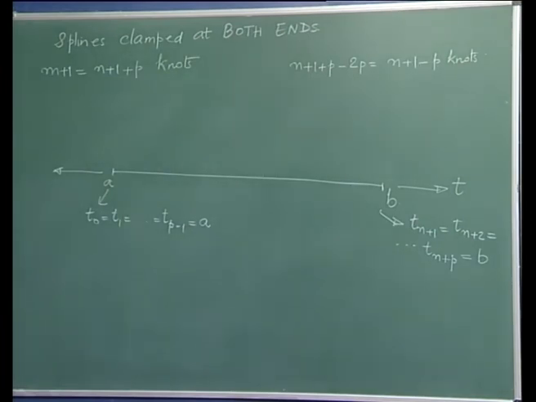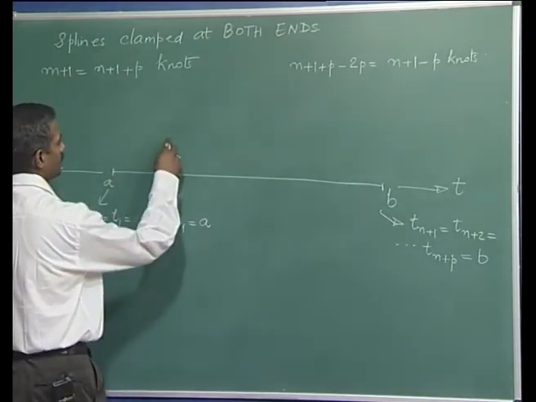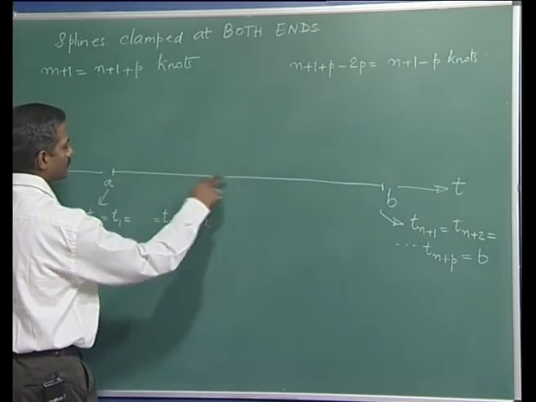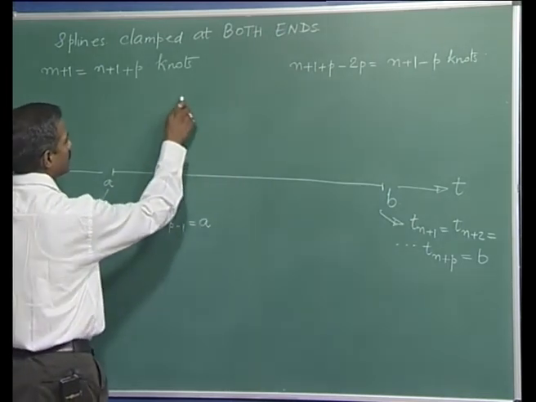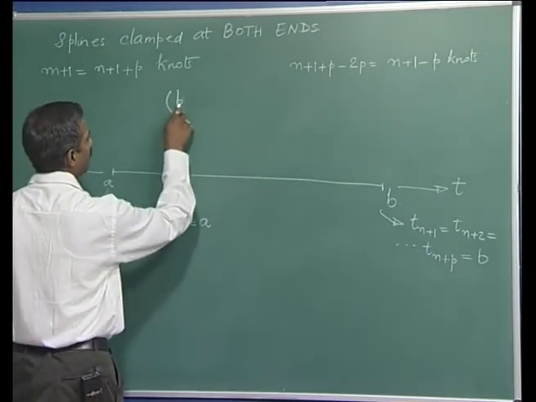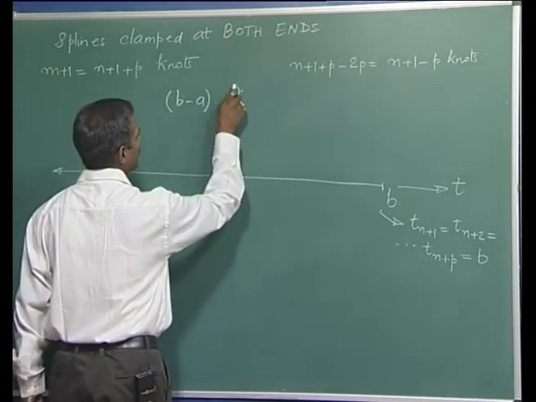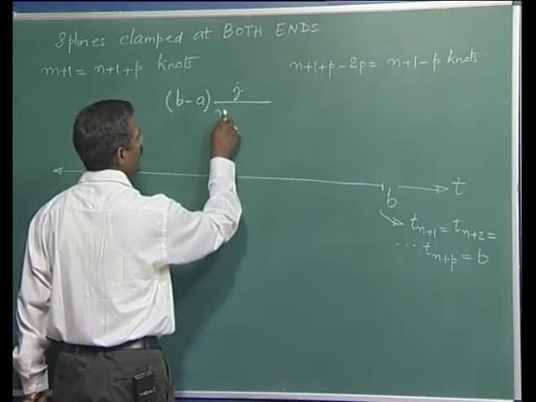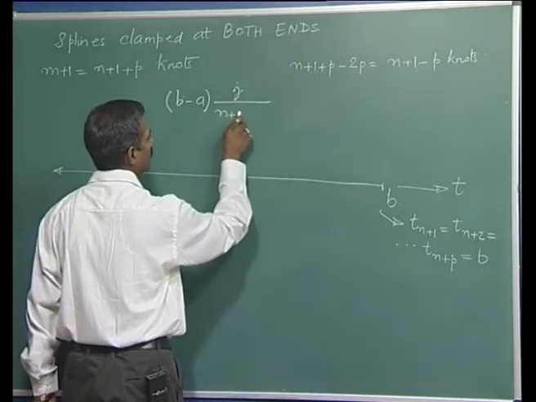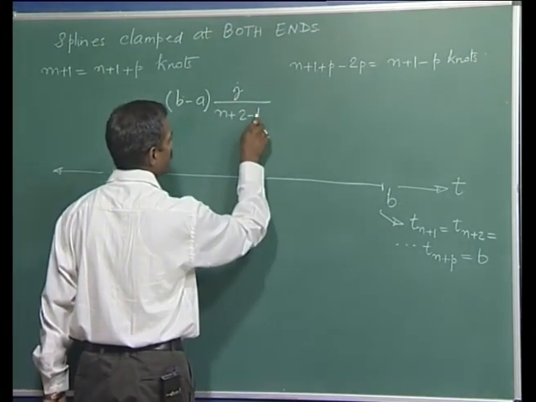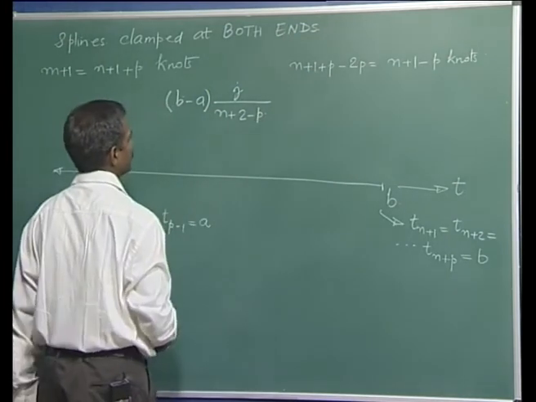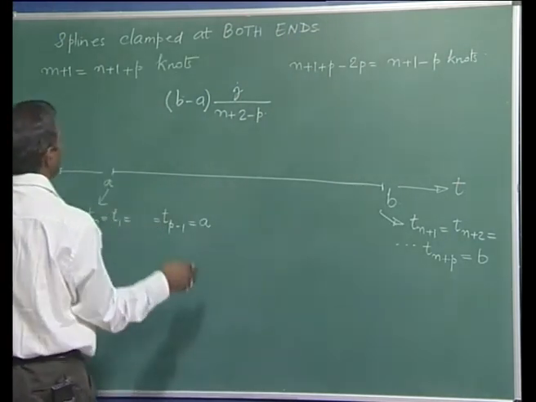So, with the evenly spaced scheme, we are saying that these intermediate knots are placed as B minus A times j over n plus 2 minus p. We'll have something here.